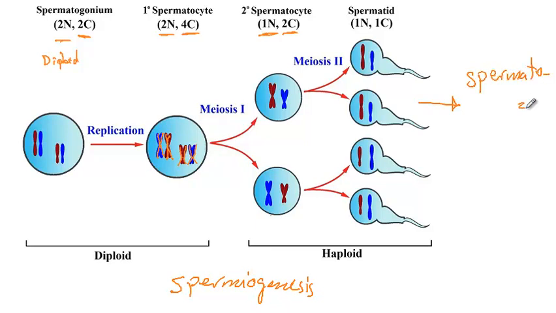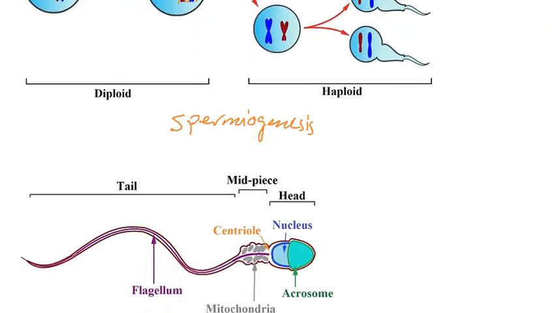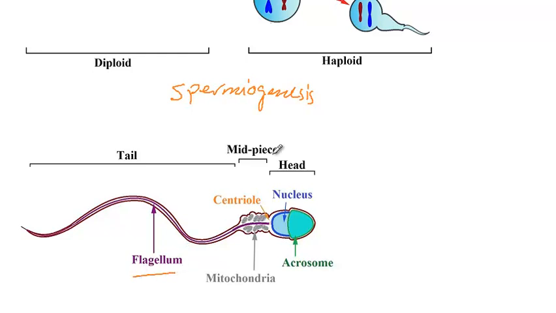And during spermiogenesis, the changes that you will see is that the spermatozoa become elongated. It will start to develop a flagellum, a midpiece, and then finally its head will start to develop an acrosome.